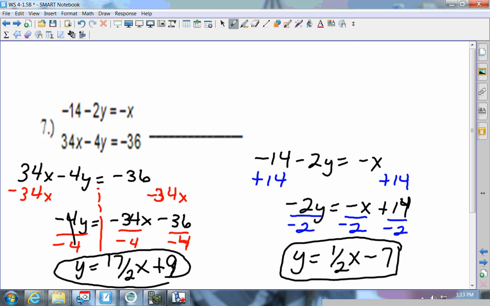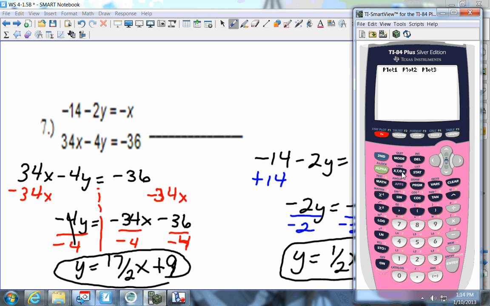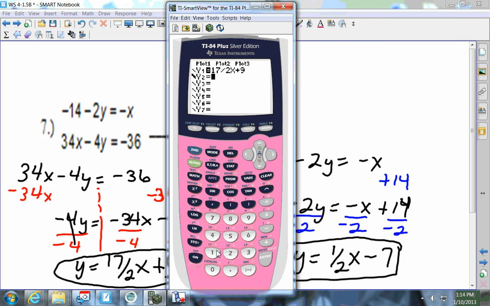So now I'm going to go to my handy dandy calculator. Let's clear those out. I've got 17 divided by 2, x plus 9. And in y2, 1/2 x minus 7. Let me go ahead and graph it first. Second, trace, 5 for intersect.